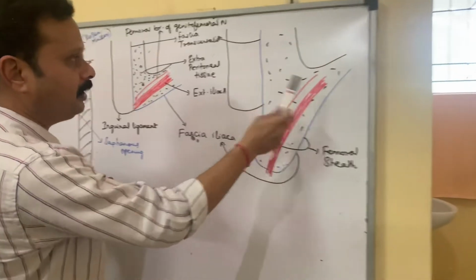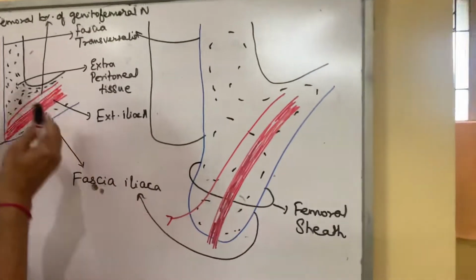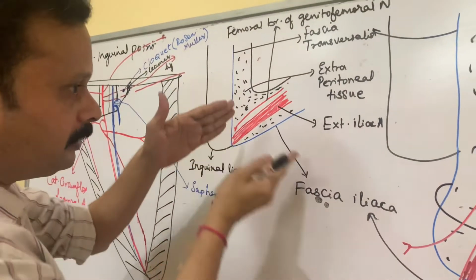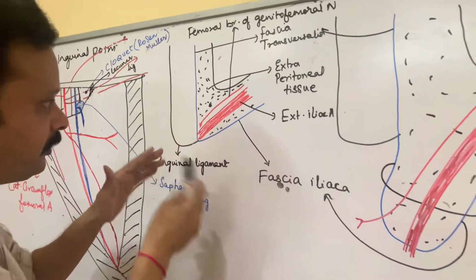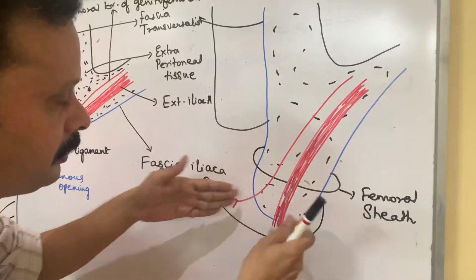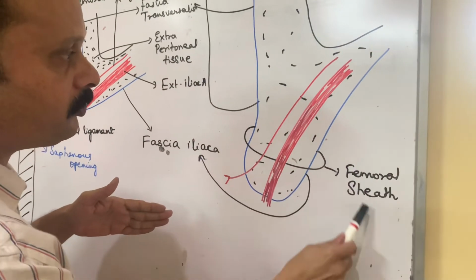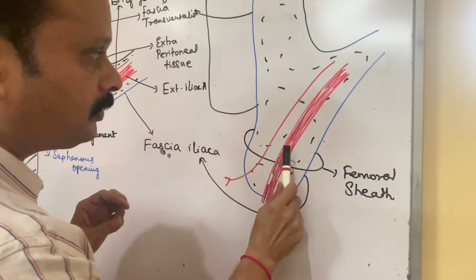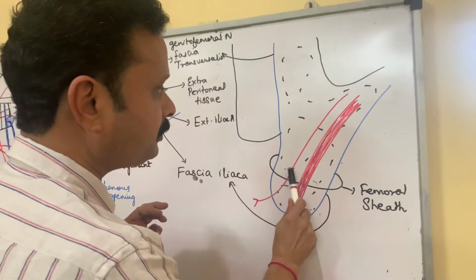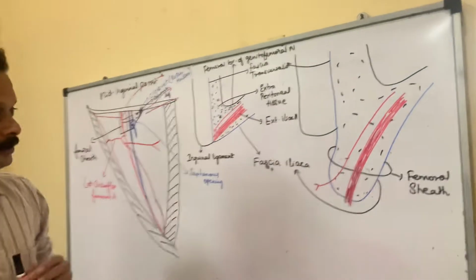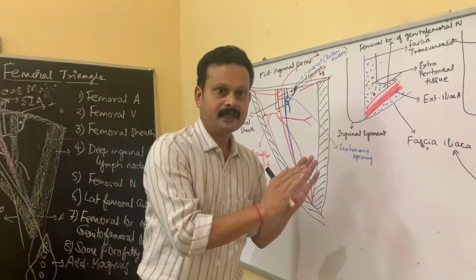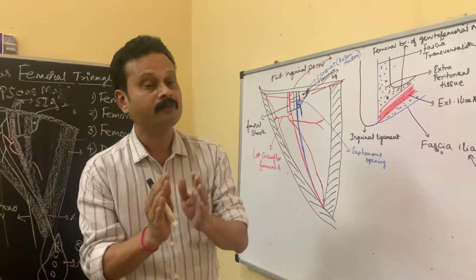Now if you see, after birth with the movements, what is happening? This extraperitoneal connective tissue together with the fascia is dragged downwards, below the inguinal ligament, and it is forming the femoral sheath. The femoral sheath contains the femoral artery and femoral vein, but not the femoral nerve.